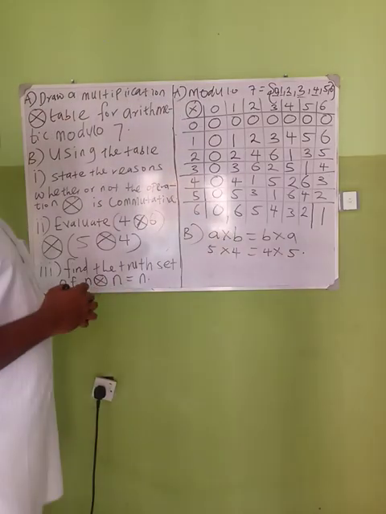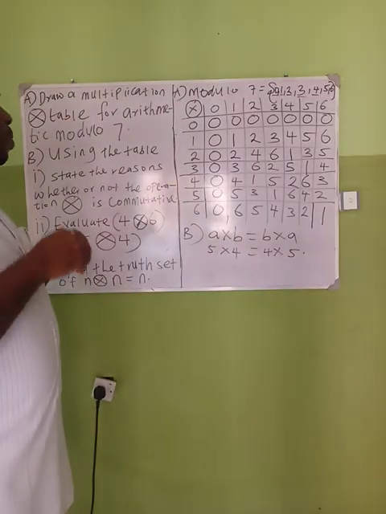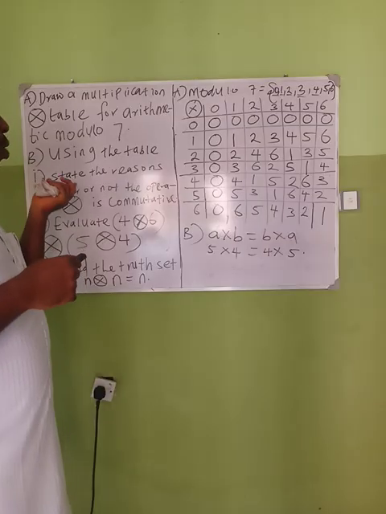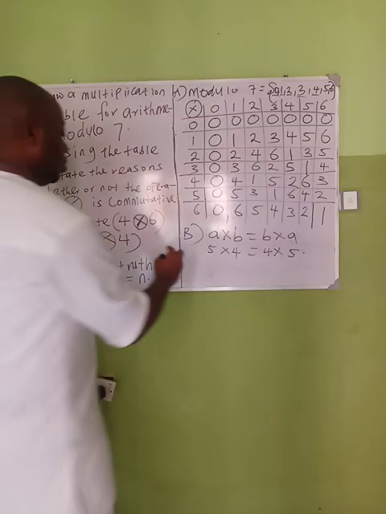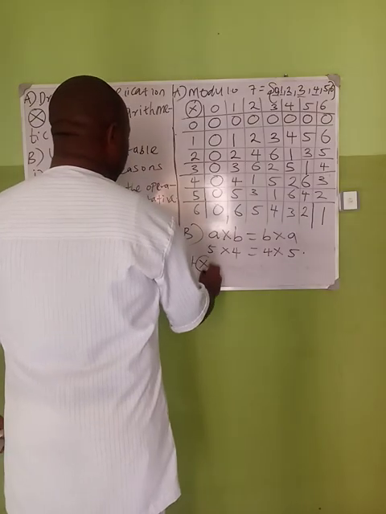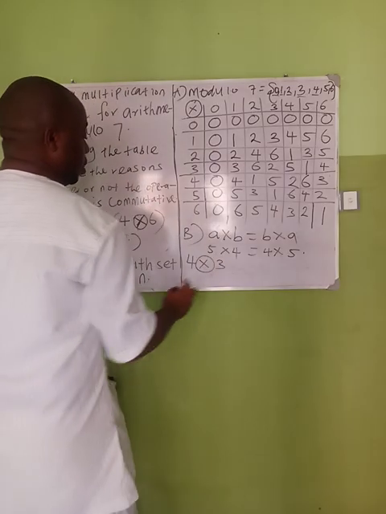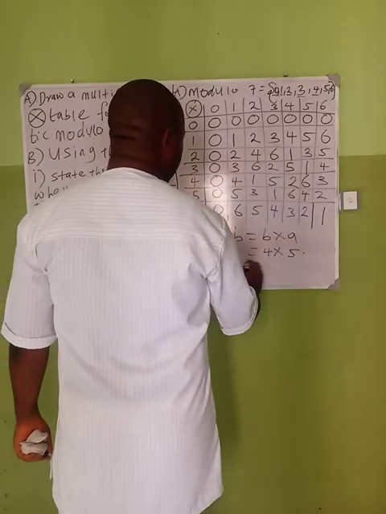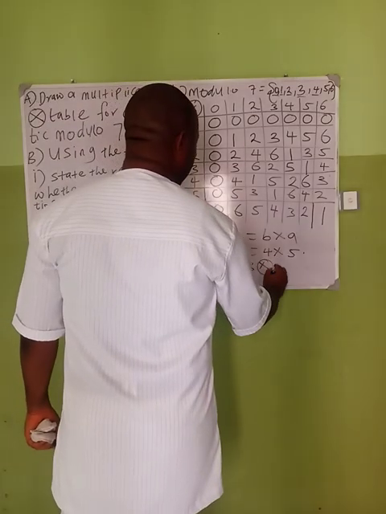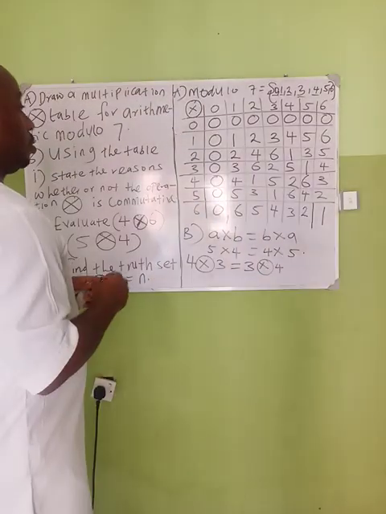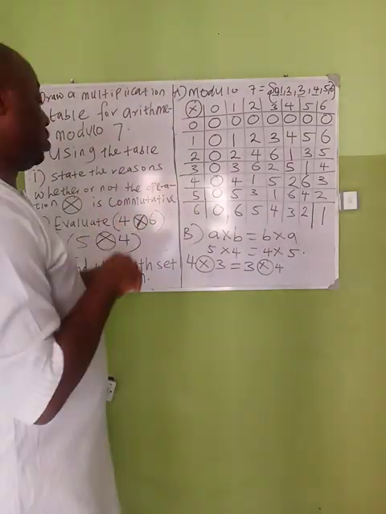This is the commutative law. Now, let's check if it applies. So we'll use a couple. For example, let's use 4 modulo 3 in multiplication and see if it will equal 3 modulo 4. If it does, then it's commutative on that multiplication.